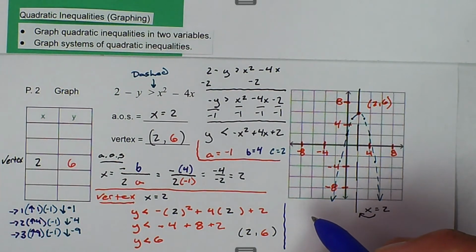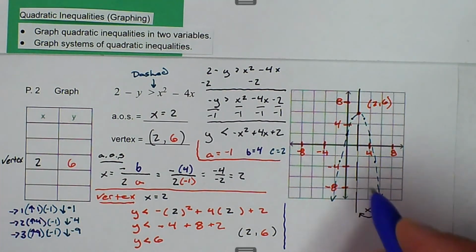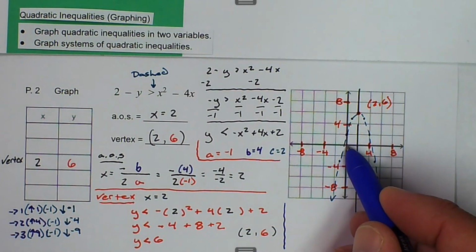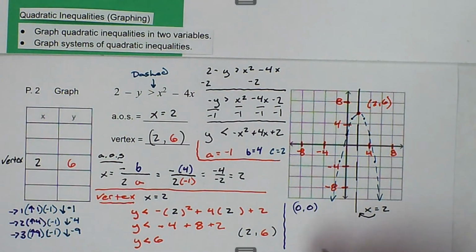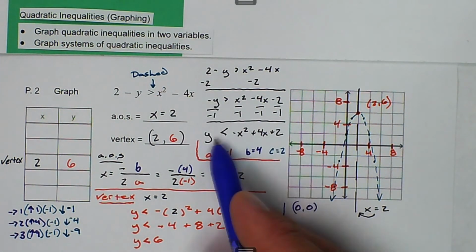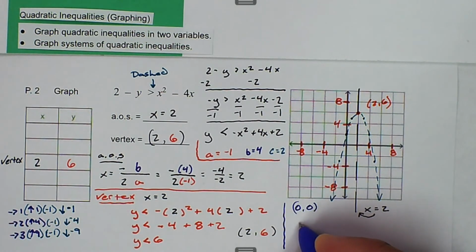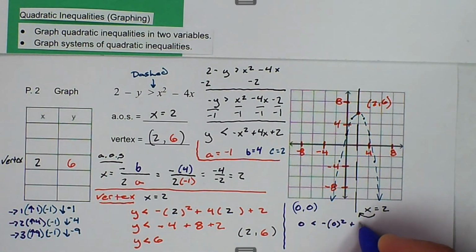The point I'm going to check is 0, 0. So 0, 0 is inside the parabola here. Use our inequality here. So 0 goes in for y. 0 is less than negative 0 squared plus 4 times 0 plus 2.